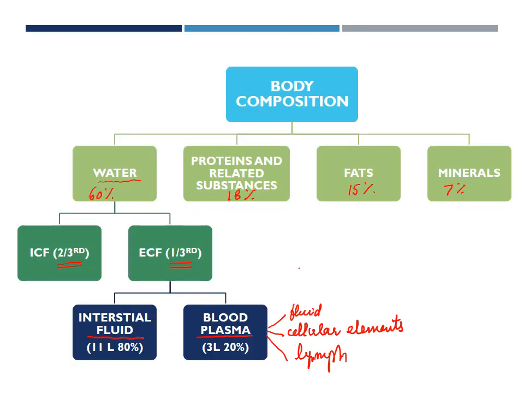So the first is body composition. Our body is composed of minerals, fats, proteins and related substances, and water. The minerals are 7%, the fats are 15%, proteins and related substances are 18%, while the water in the body makes up 60% of total body weight.